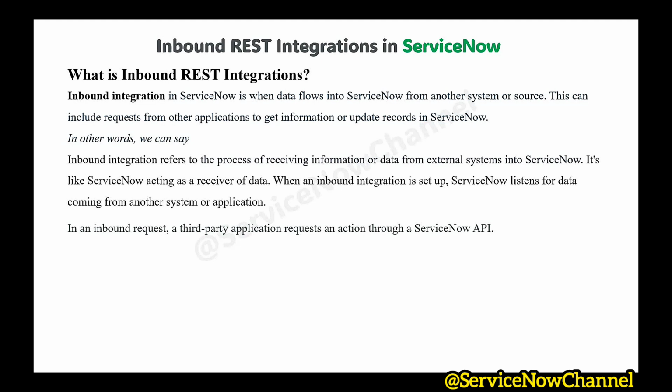From the external source we are getting data into ServiceNow through a ServiceNow API. Here the receiver is ServiceNow and the sender is the third party tool or another source.